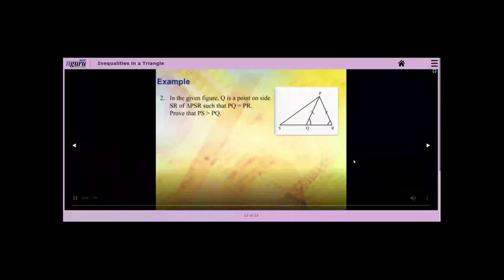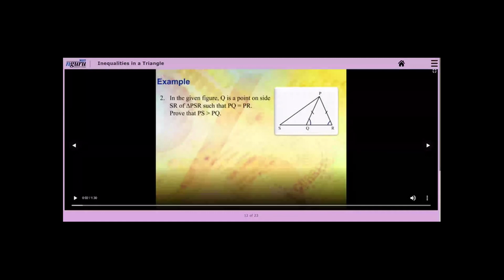This implies that angle A is equal to 40 degrees. Since angle C is the greatest angle and the greatest angle has the longest side opposite it, AB is the longest side. Also, since A is the least angle and the least angle has the shortest side opposite it, BC is the shortest side.